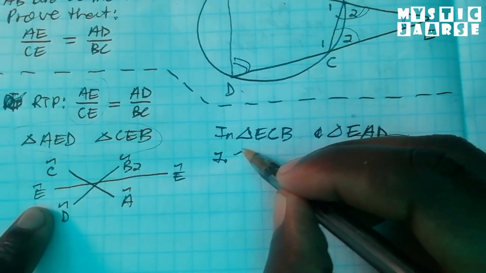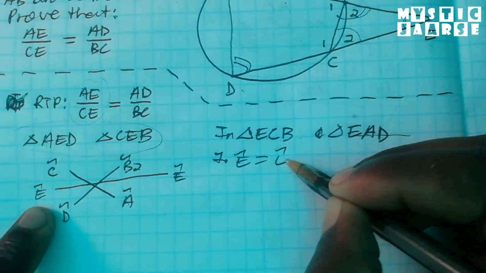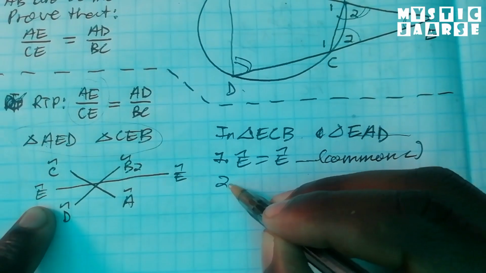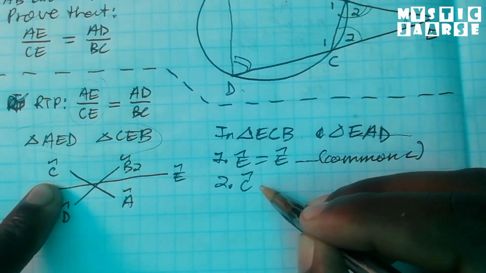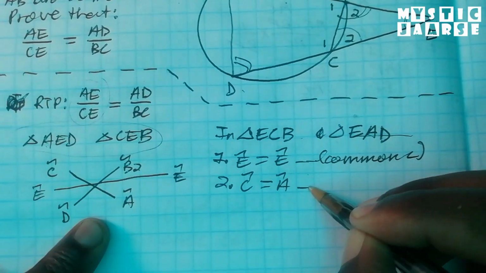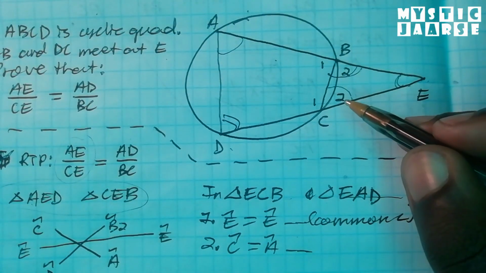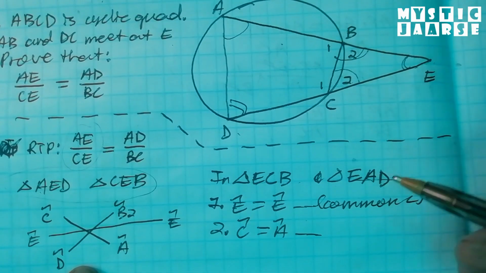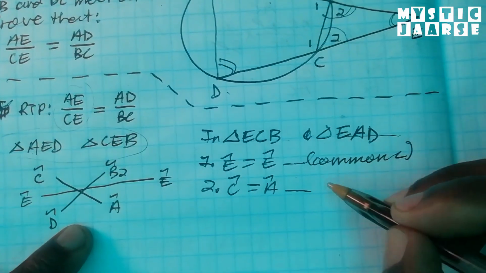We have angle E is equal to angle E because this is a common angle. The second reason, we have angle C is equal to angle A. We prove this by using the opposite exterior angle of a cyclic quad.